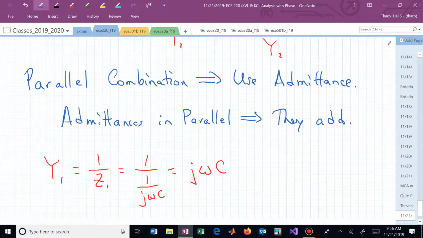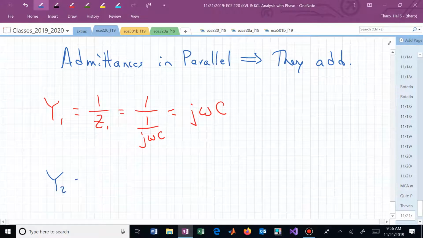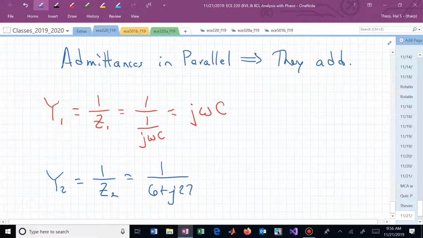Y2, that was 1 over Z2, and Z2 was 6 plus J 27. And now, since you have a 1 upstairs, it might be just as easy to multiply by 1, where 1 is a ratio of the conjugate of what's in the denominator here.